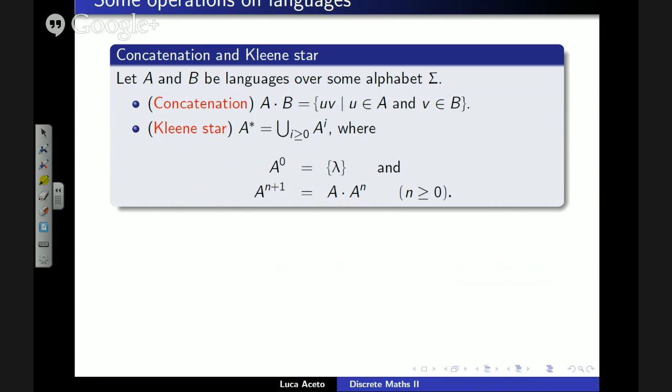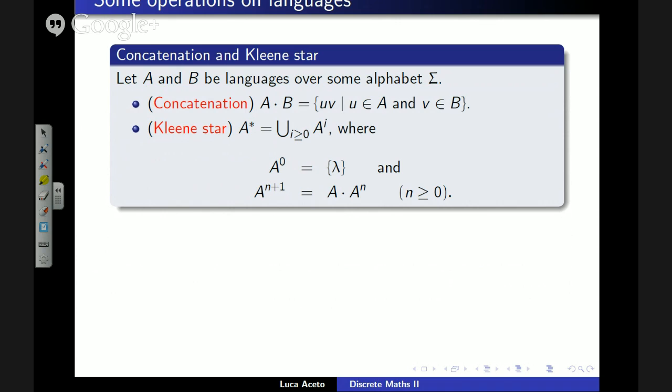So as you've seen, you can union languages together, you can intersect languages together, and in fact, if you really want, you can do any set theoretic operation over languages because they are sets. But life would be pretty boring if those were the only things that we could do with languages. With languages, we can do things that are specific to the interpretation of languages as sets of strings.